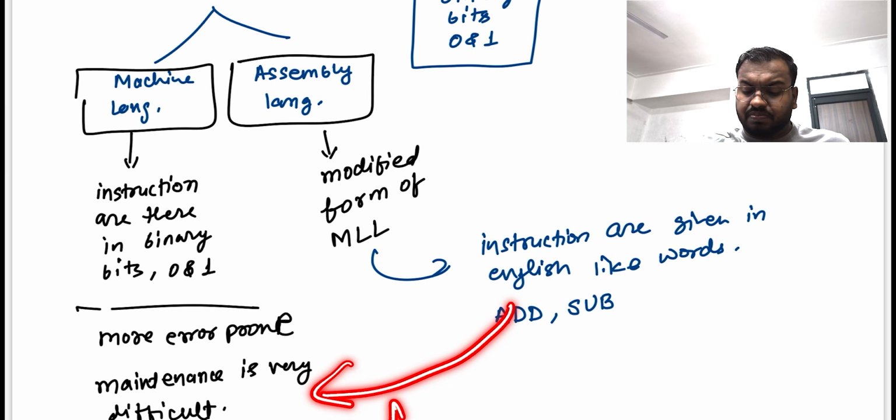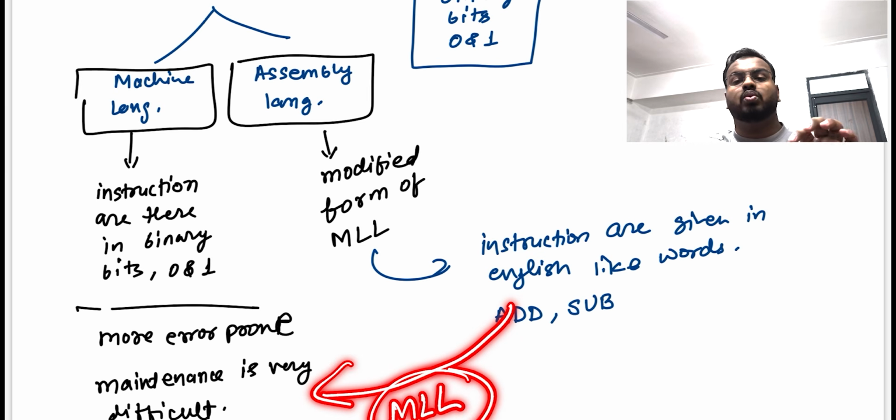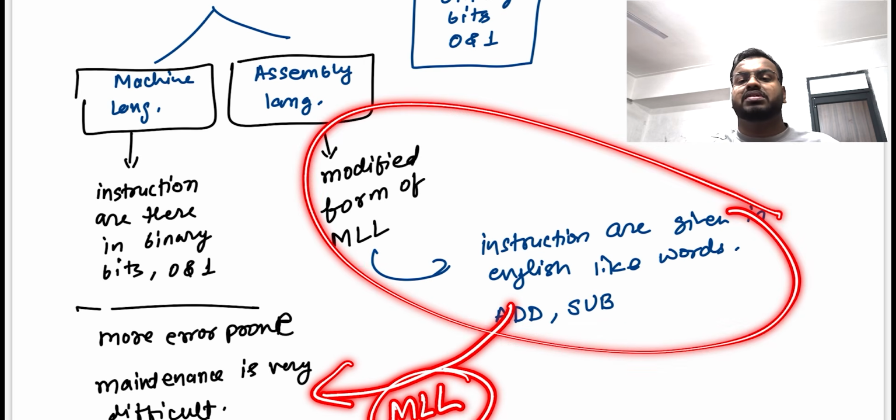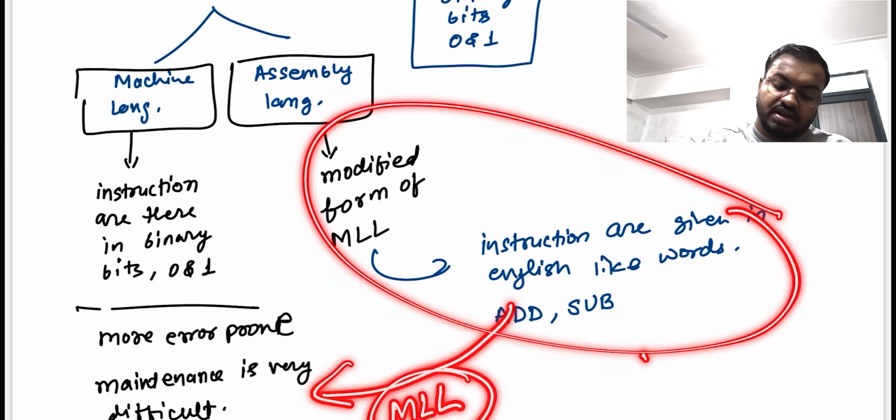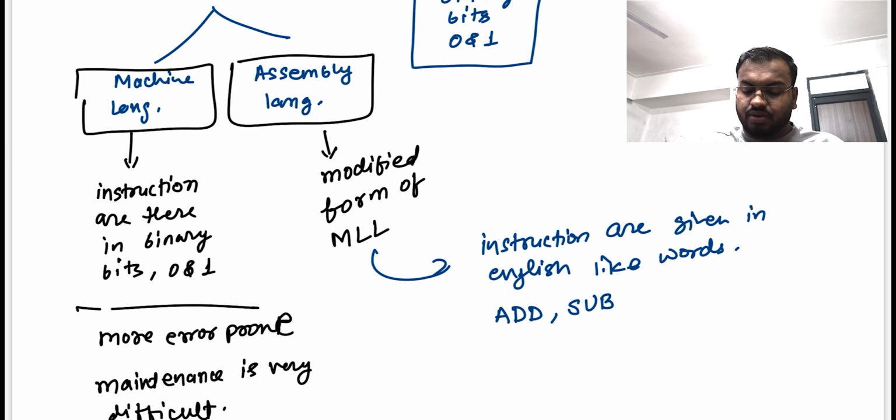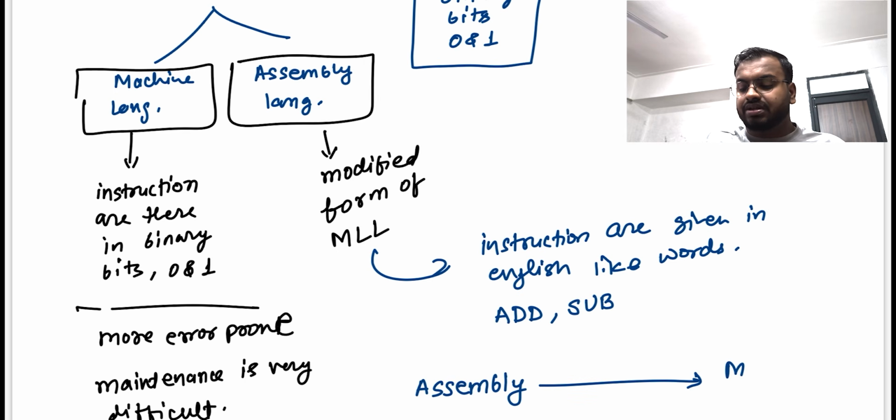Why? Because a computer can understand only a machine level language. So who will do the translation? Assembler will do the translation. So assembly language is converted to machine language with the help of an assembler.